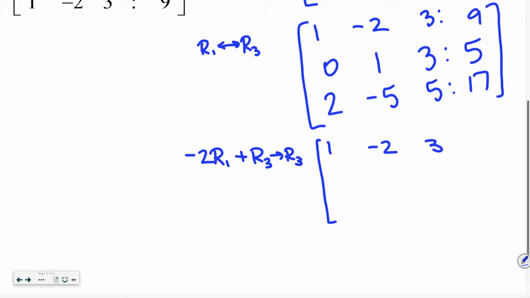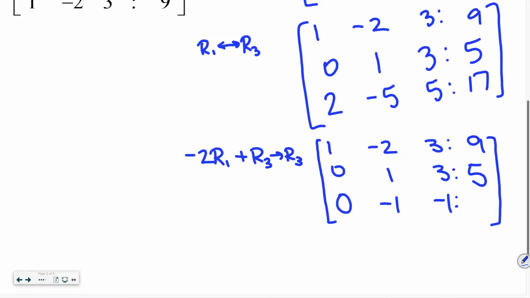Now I know that we're multiplying row 1 by -2, but we don't actually have to write that down. We're going to keep row 1 as is because it's helpful. Okay? We want it to be 1, and so on. But if we multiply it by -2, we'd have -2 times 1 plus 2. -2 times -2 plus -5. -2 times 3 plus 5.